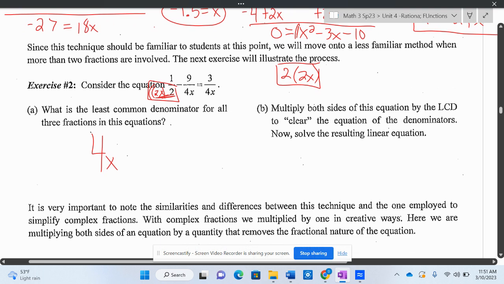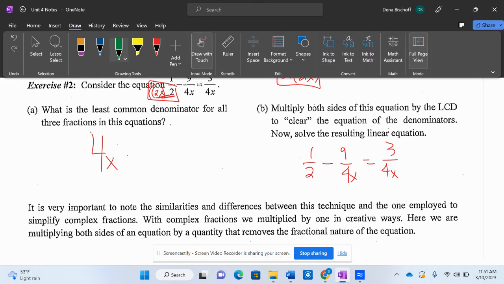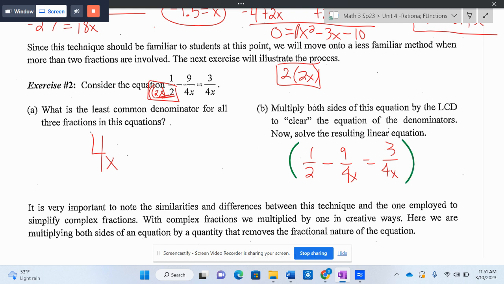It means that we're going to take this equation, 1/2 minus 9 over 4x equals 3 over 4x. And we're going to multiply the whole equation, both sides, by 4x over 1. Okay.